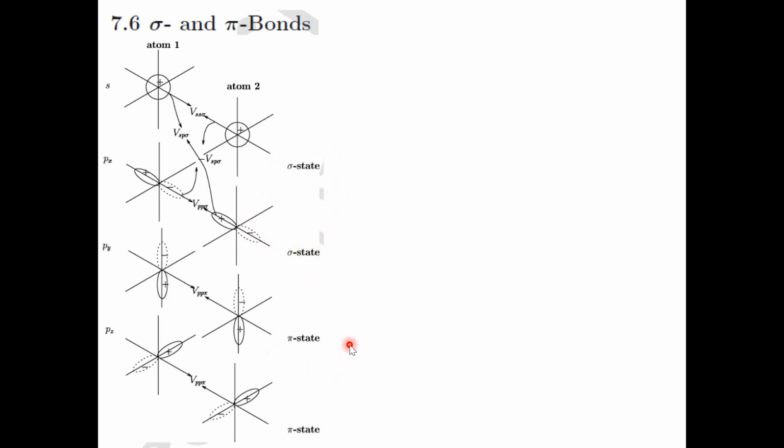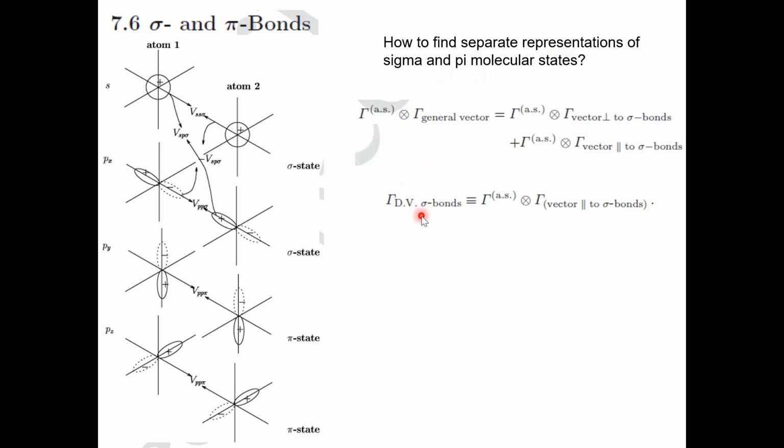The bonding from pi states is weaker, but nevertheless they are very important too. So in this section we're going to learn how we can, from group theory, understand and distinguish the symmetries of sigma and pi states. That's the idea: how to find separate representations of sigma and pi molecular states.